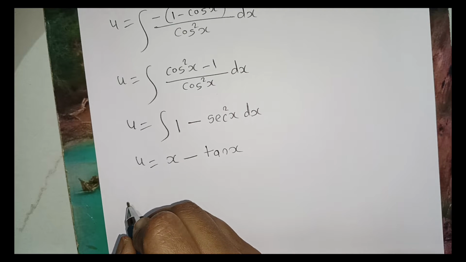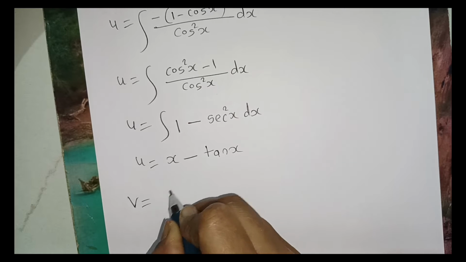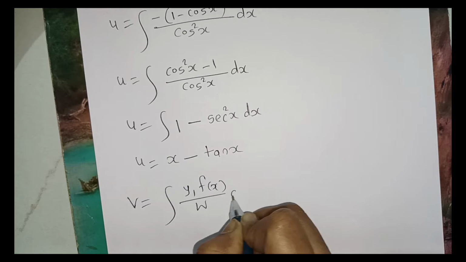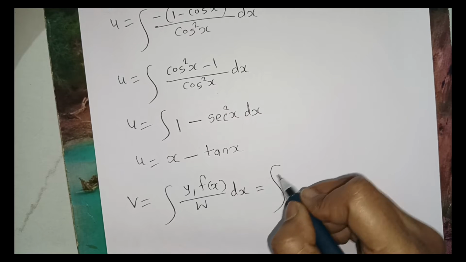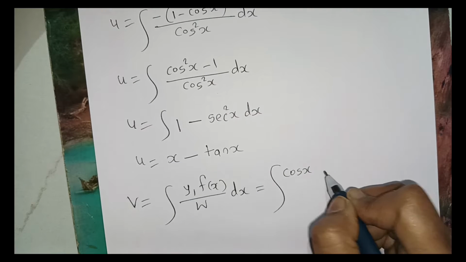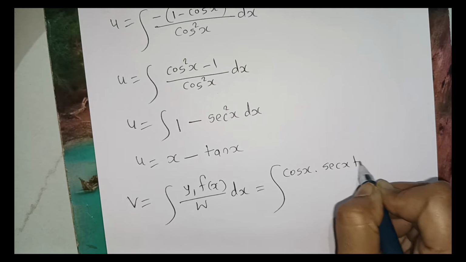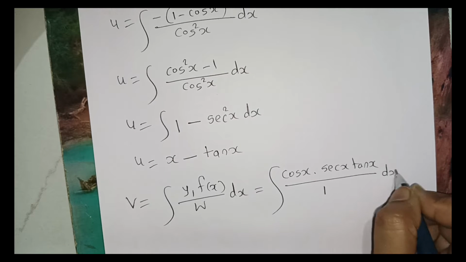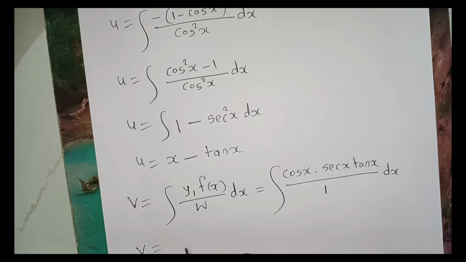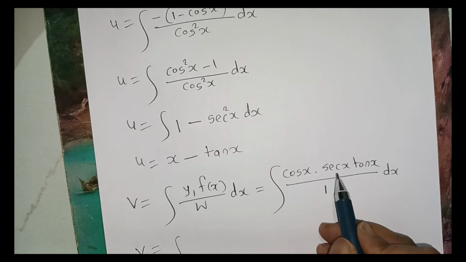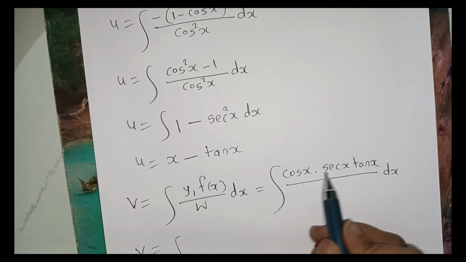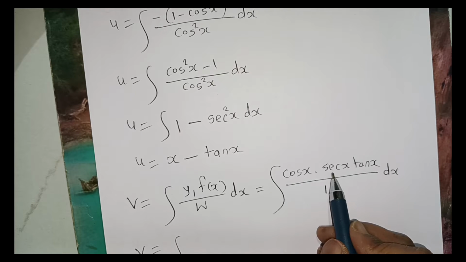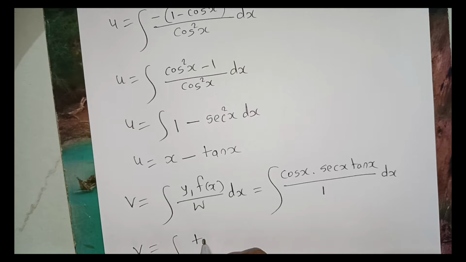Now v is equal to integration of y1 f of x divided by Wronskian dx. So y1 is cos x, f of x is sec x tan x, divided by Wronskian 1, dx. So v is equal to integration where cos will be cancelled, because cos and sec are reciprocals of each other, so the multiplication of cos and sec is 1. So simply tan x dx.